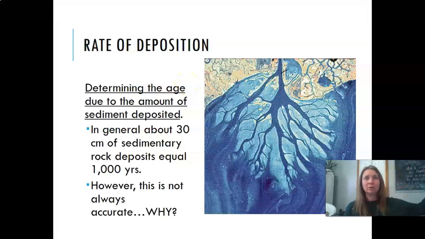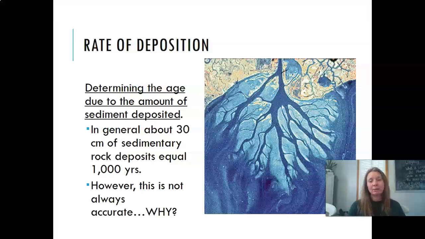So somewhere the Grand Canyon eroded a whole bunch of materials away, and then it was deposited somewhere else, more than likely somewhere in the Pacific Ocean. So in general, about 30 centimeters of sedimentary rock deposit equals about 1,000 years. So we're able to use that.